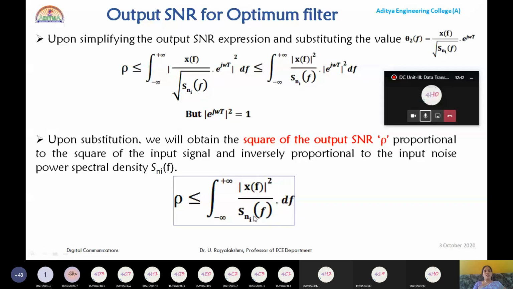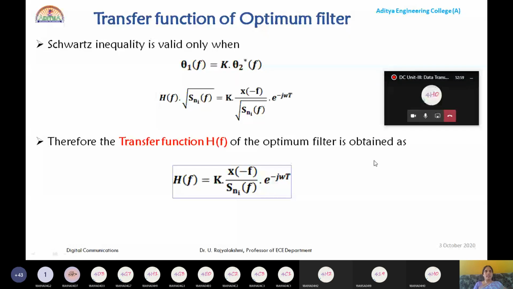Because for the matched filter, noise is assumed to be white, whose power spectral density is uniform and equal to n0 by 2. So you can tell me the expression for the square of output SNR for the matched filter. Okay, let us move to the next slide.